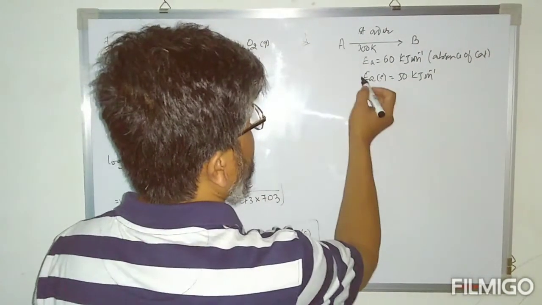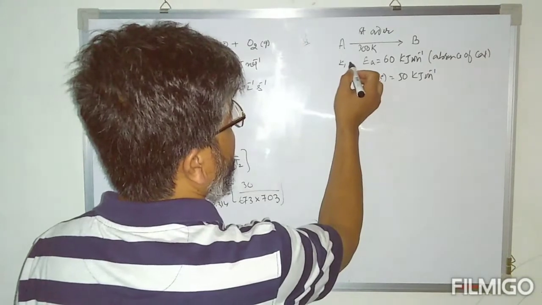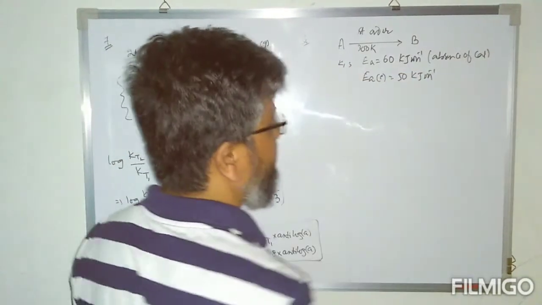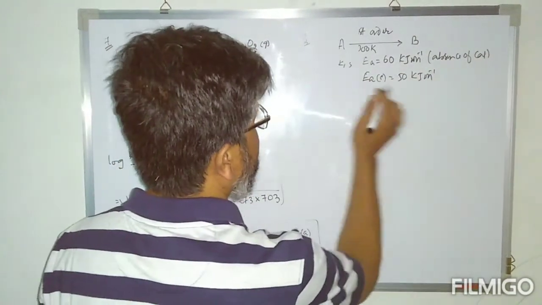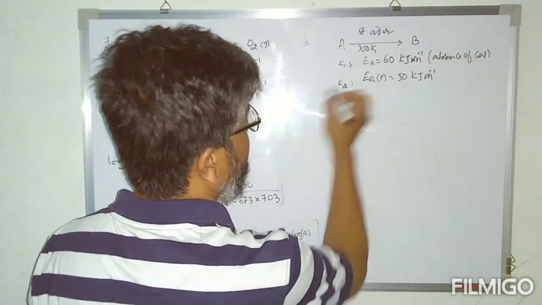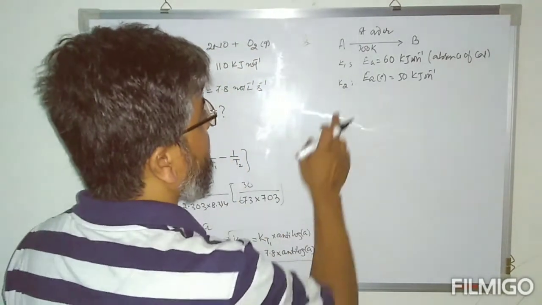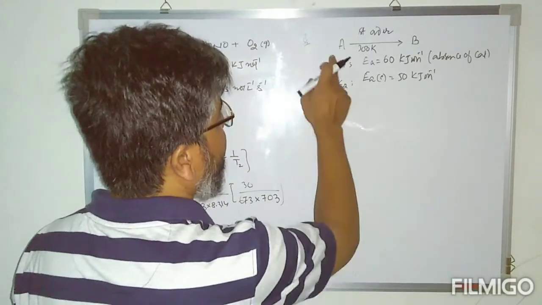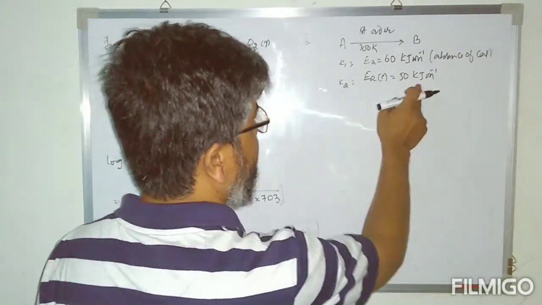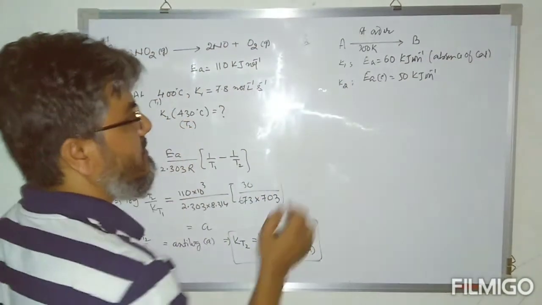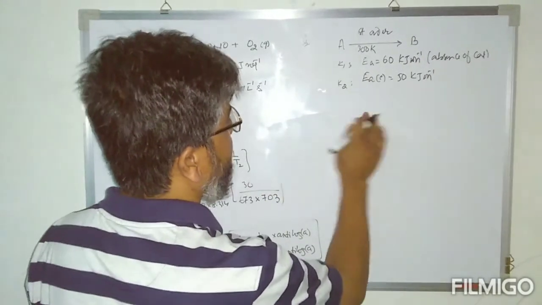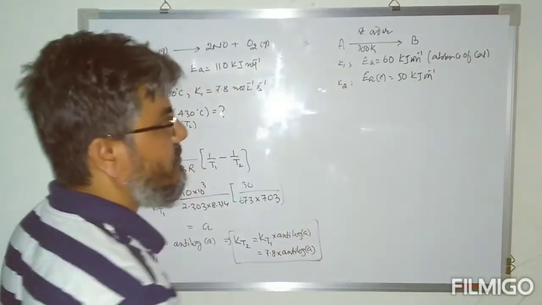So, let's suppose the rate constant is K1 in the absence of catalyst. The rate constant in the presence of catalyst will be K2. The question says, by how many factors the rate of reaction changes in the presence of catalyst? So again we have to take the logarithmic form of the Arrhenius equation.